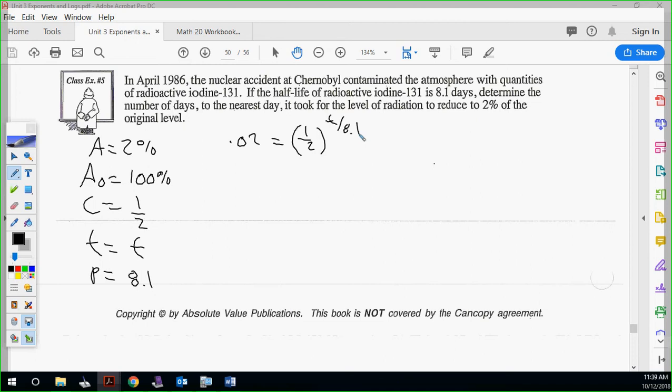All right, so we're going to go log base 1/2 of 0.02 equals T over 8.1. And so we're going to times that log by 8.1. In your calculator, it would be log of 0.02 over log of 1/2, times 8.1.